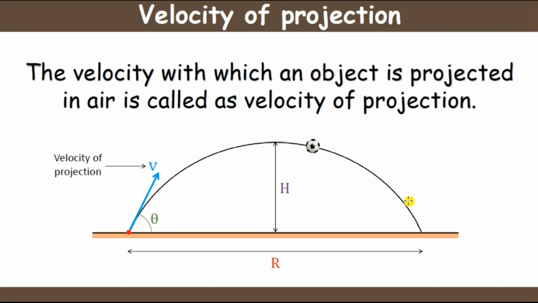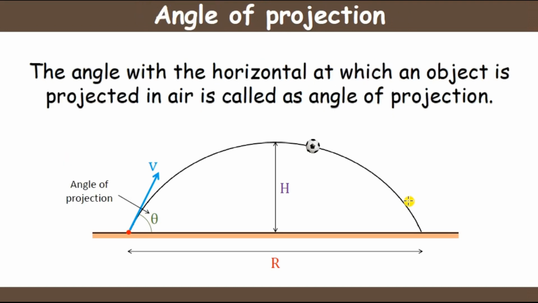That is, while projecting the object, the velocity we are giving to that object is called the velocity of projection.